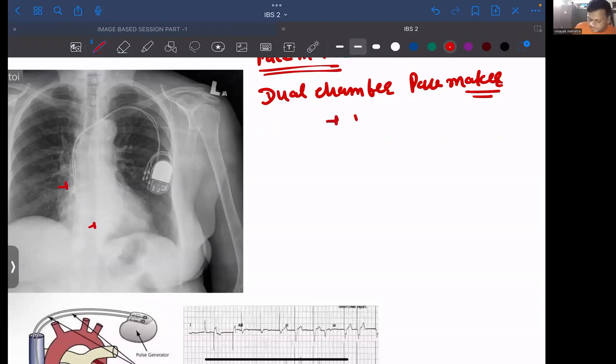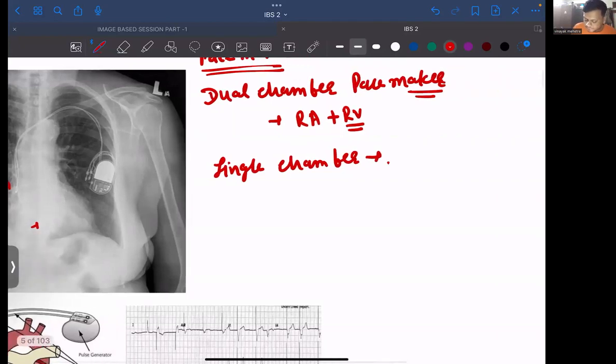So a dual chamber pacemaker, we will put in right atrium plus right ventricle. Where do we put a single chamber pacemaker? A single chamber pacemaker will go in the right ventricle. Ventricles are more important for survival than the atria. So we will put the pacemaker in the right ventricle.